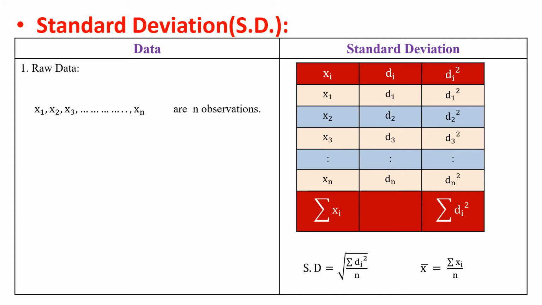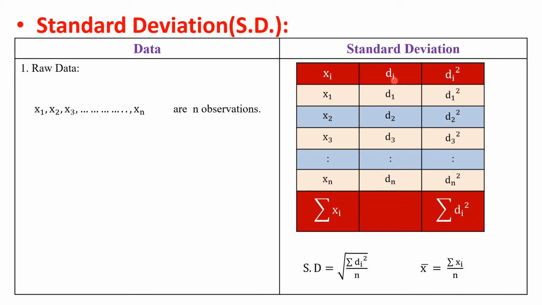So let us see the procedure to find standard deviation for raw data. Suppose these are the observations we are given, n observations x1, x2, x3, xn. Let us prepare a table. First column will contain the observations xi's, x1, x2 till xn. We can take the summation of all these xi's at the end of the column. Now let us form another column of di.